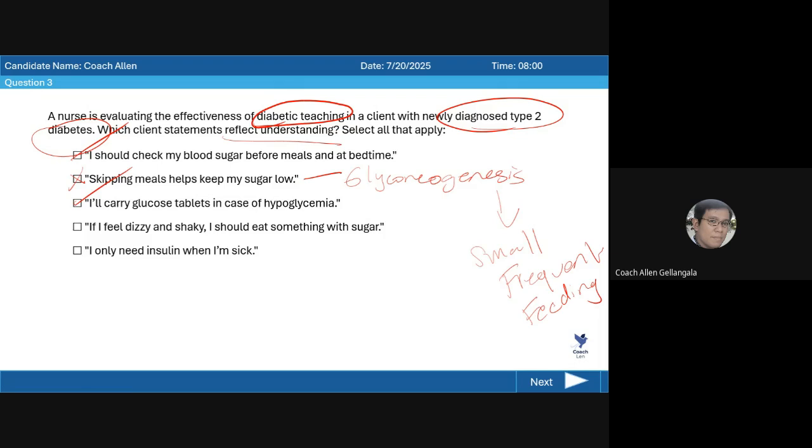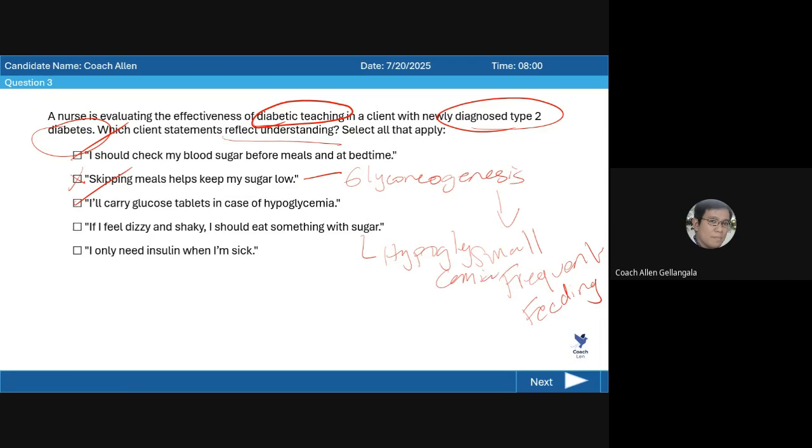If I feel dizzy and shaky, I need to eat something with sugar, this is letter D. Tremors, cold sweats, the feeling of nausea and vomiting, as well as what? Vision changes, are the classic signs and symptoms of hypoglycemia, right?